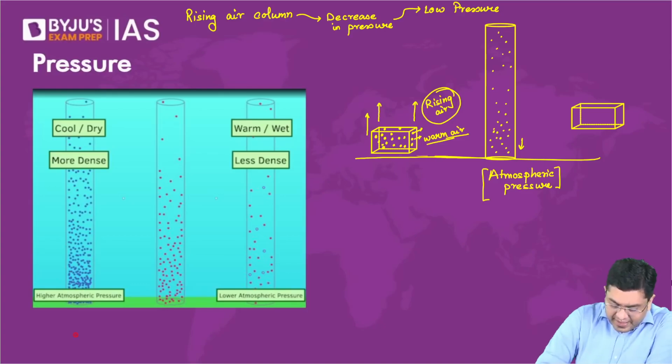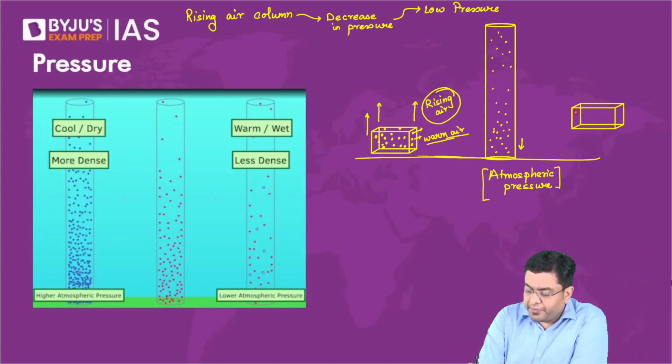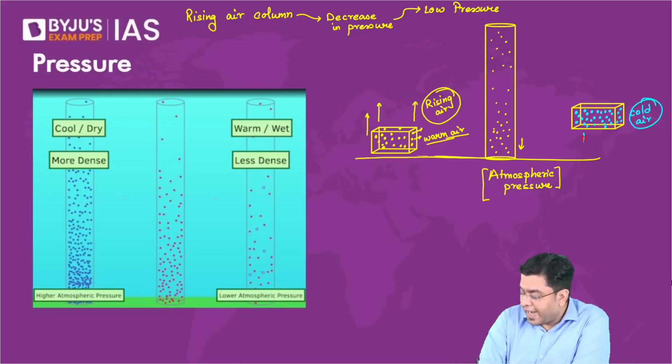Conversely, let's suppose here I have the presence of colder air. In colder air, the particles get much closer to each other because they have less energy. When they have greater energy, they move around, but when they have less energy, they stick closer to each other. So will that colder air become lighter or heavier? It will become heavier, isn't it? Now that cold air becomes heavier, and anything which is heavy will tend to sink.